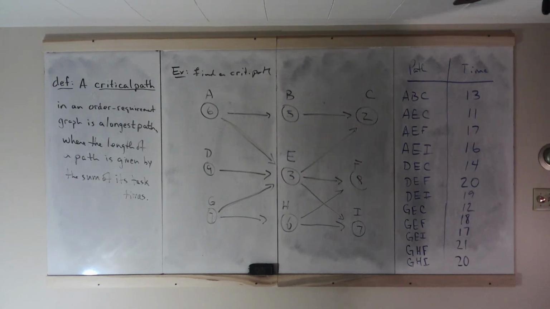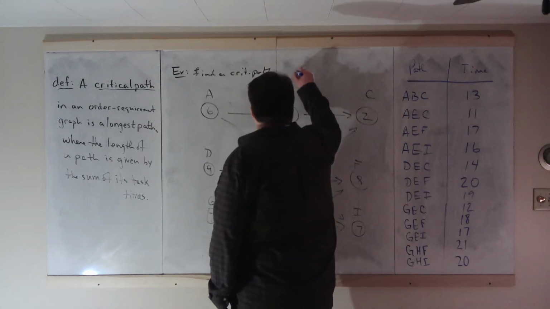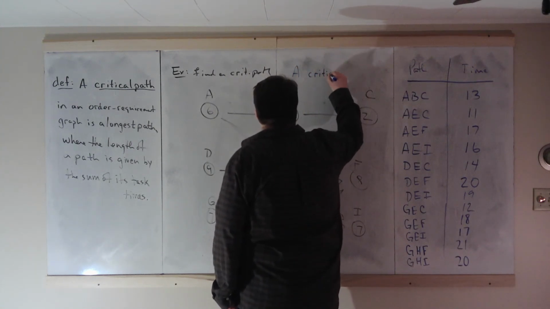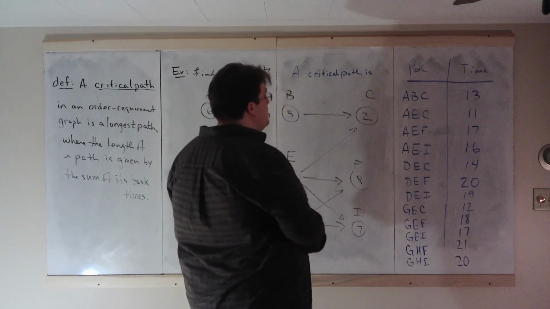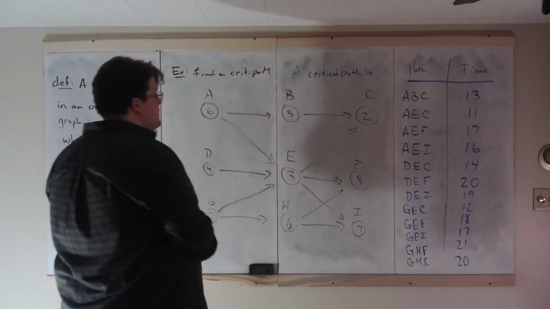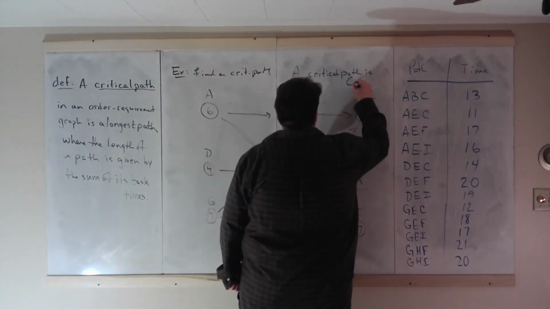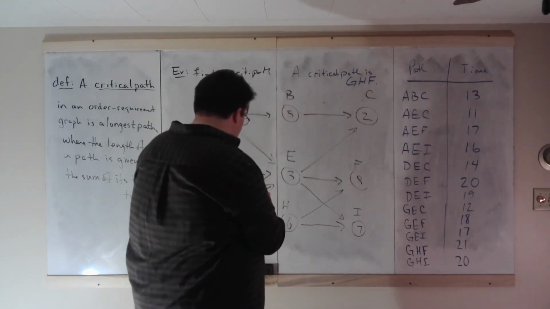So we listed all of these out, and now we need a critical path. So I'll just write it here. In this case, the critical path is not A, E, C. A critical path here is G, H, F, the one that takes the longest.